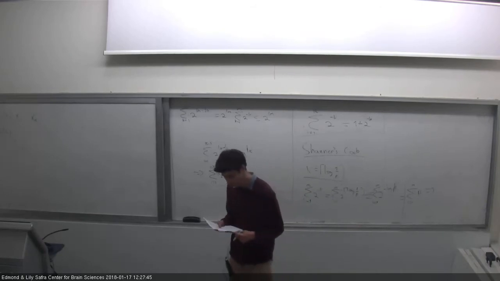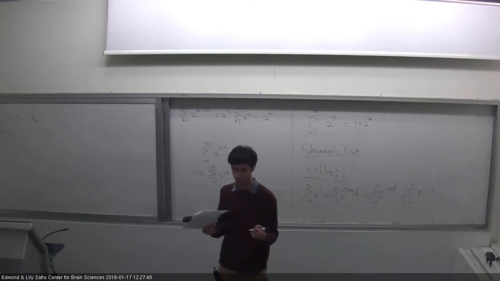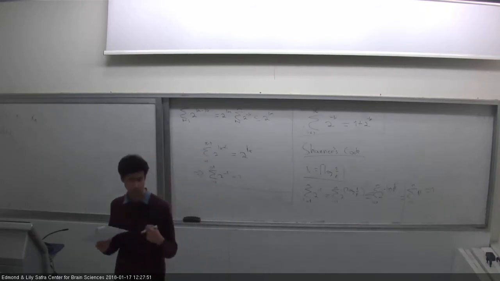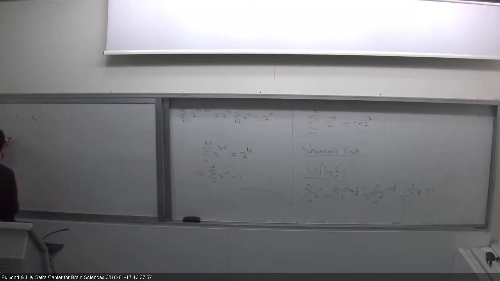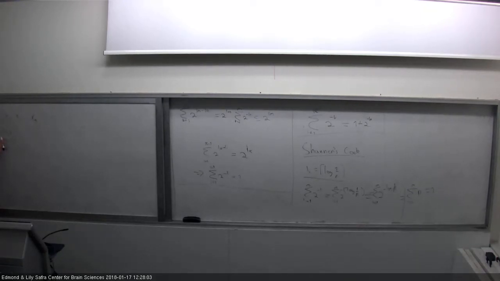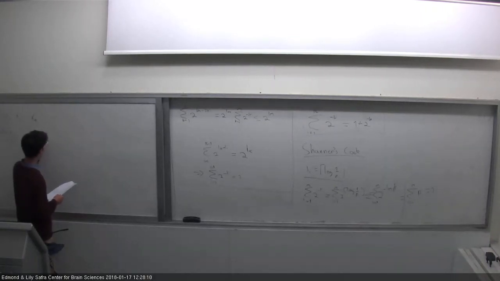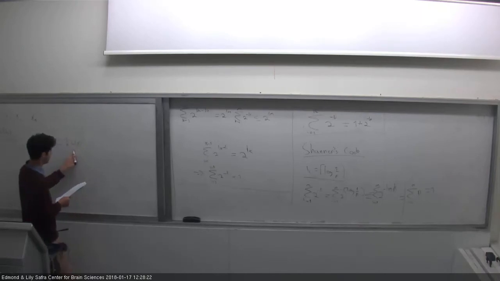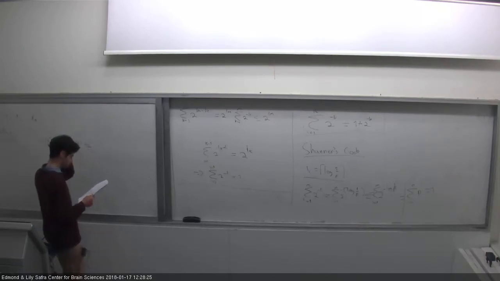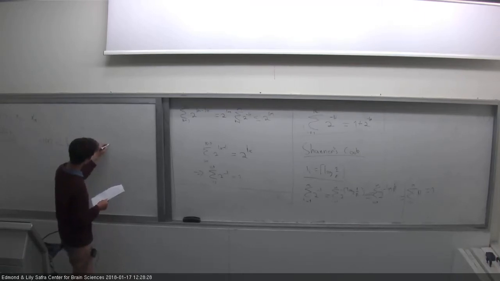Apparently, the expected length of each message, because I have n messages and the total expected length is L, then the bounds become: the lower bound is the entropy of x, and the bound from the other side is the entropy of x plus 1 over n.